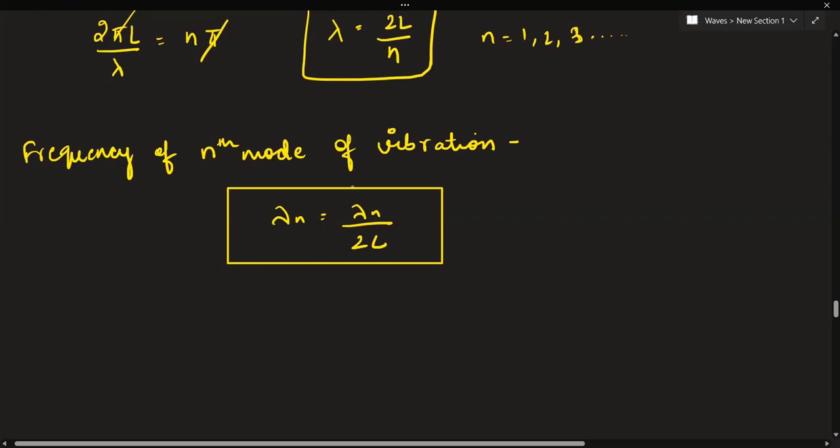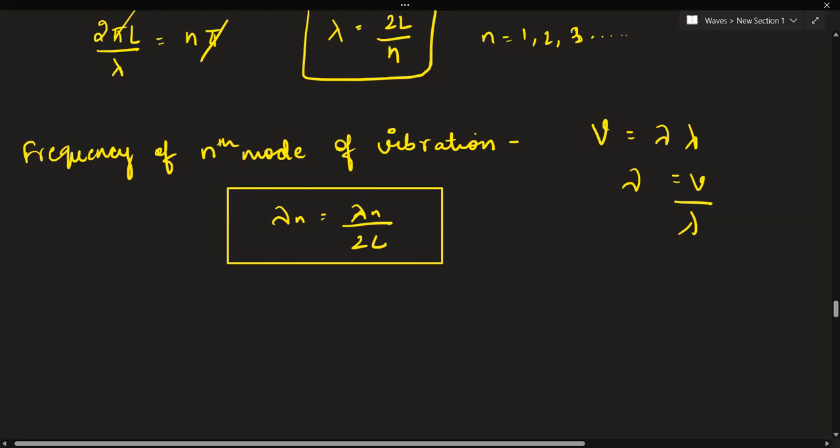For the frequency, we use this relation: velocity is equal to frequency multiplied by wavelength, so frequency is equal to velocity divided by wavelength. So whatever values of wavelength you are getting, you can substitute it for this one. This is the wavelength at nth one.